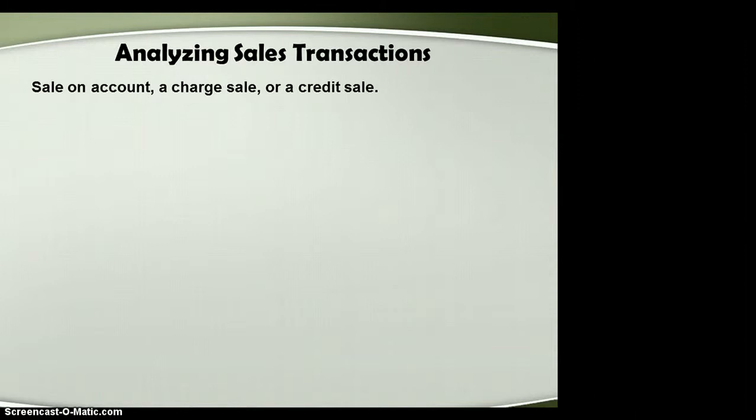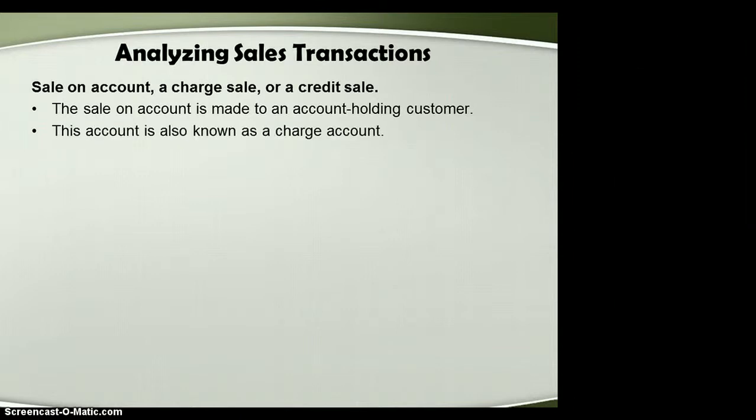Now we're going to analyze some transactions. These are going to be a little different than what we've worked with in Accounting 1, but you'll see some similarities as well. So when a sale is made on account or is recorded as a charge sale or a credit sale, you guys should remember that refers to the sale being made on account by an account holding customer.